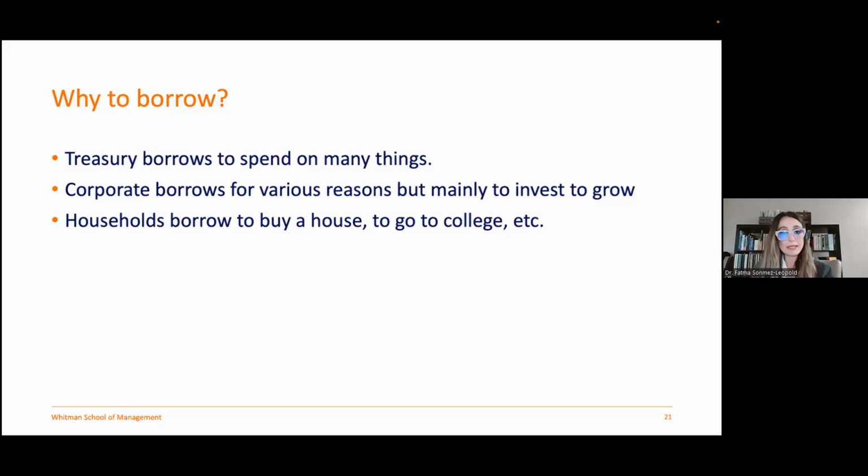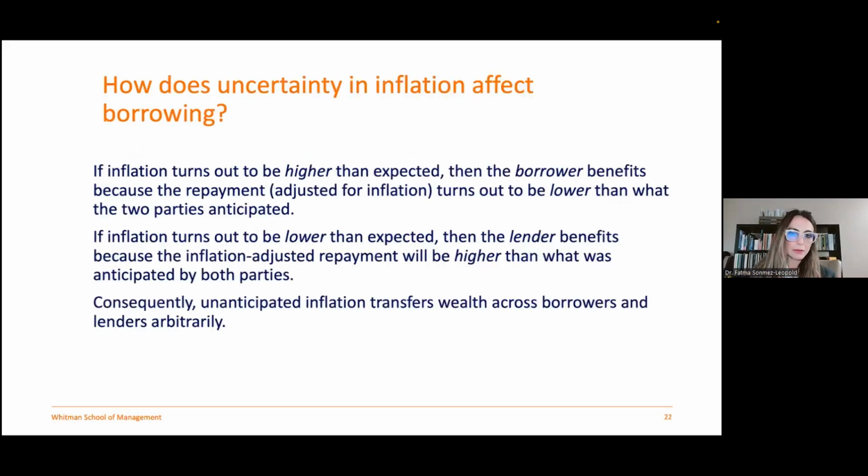This way, they can grow, and as each individual corporation grows, the economy grows as a whole. And households borrow to buy a house, to go to college, for a variety of reasons. But overall, every agent in the economy needs borrowing.